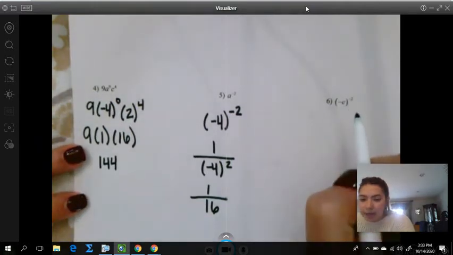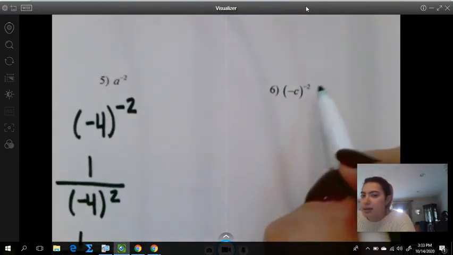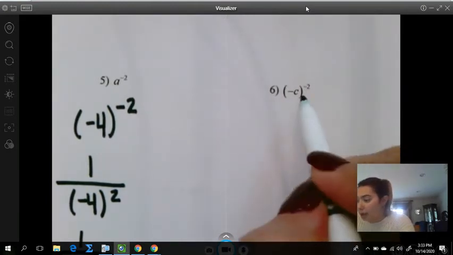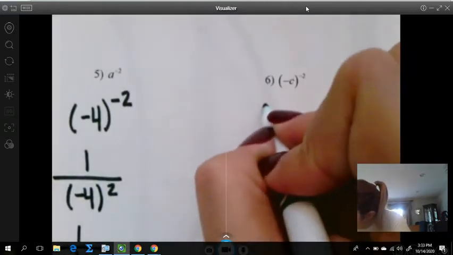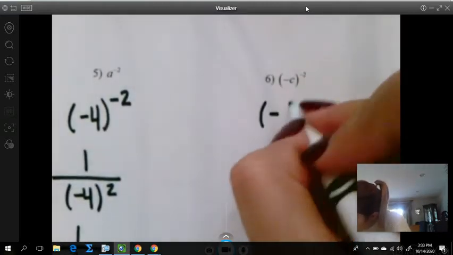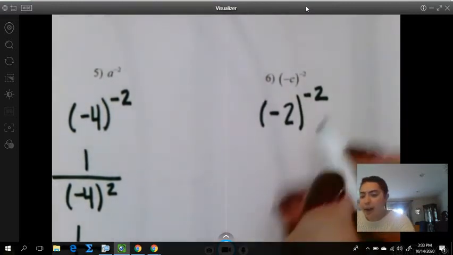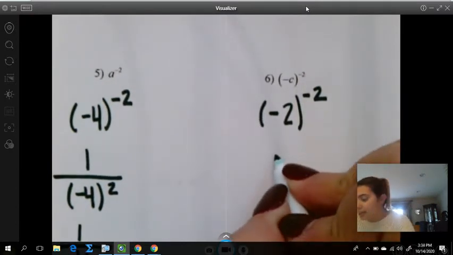Then let's take a look at this one. I'm going to zoom in a little bit. Here we have negative c raised to the negative 2nd power. Now notice that negative sign is in parentheses, right? So when we take negative c, that is -2 to the negative 2nd power. Again, anything raised to a negative power moves down to the denominator.